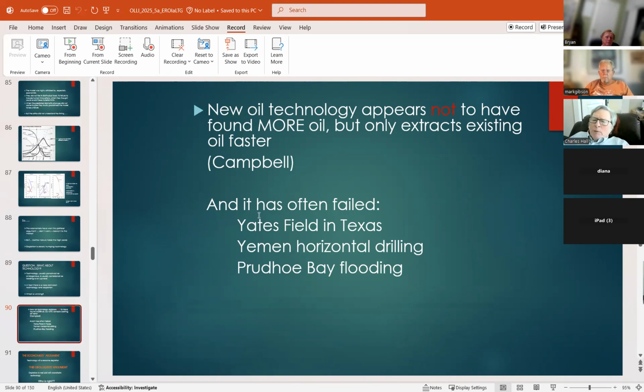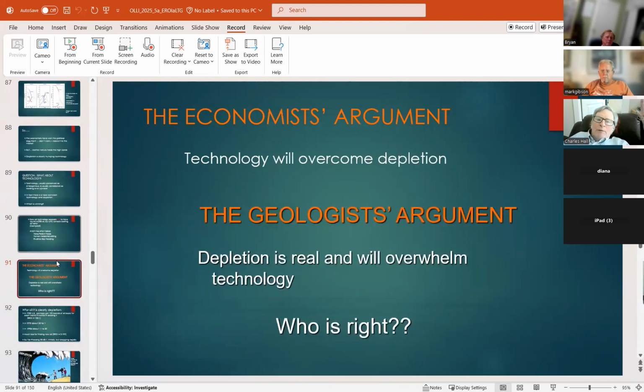So here are some earlier technologies that were tried for oil and they did not work, but fracking did. But we're still left with basically the economist's argument: technology will overcome depletion. And the geologist's argument is that depletion is real and will overwhelm technology. Who is right?